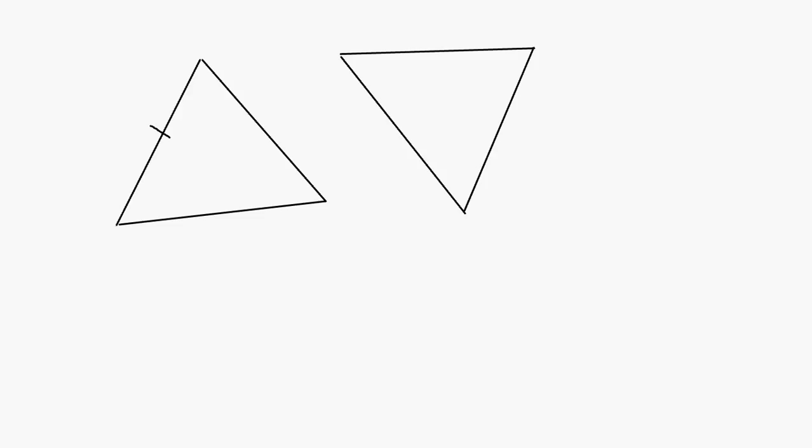A side, an included angle and a side of one triangle congruent to a side, an included angle and another side. The triangles are congruent by side angle side.